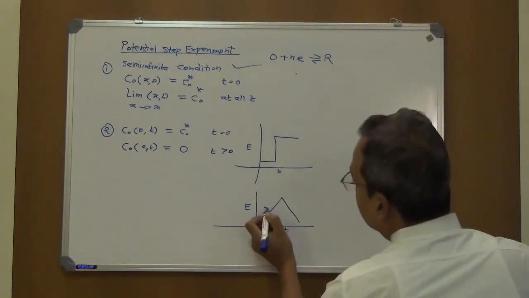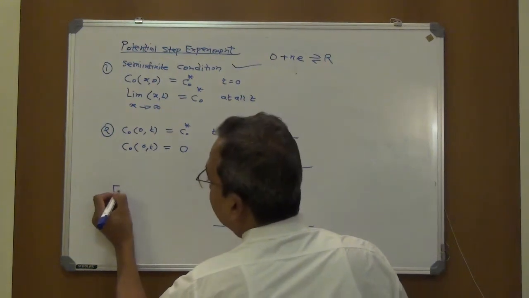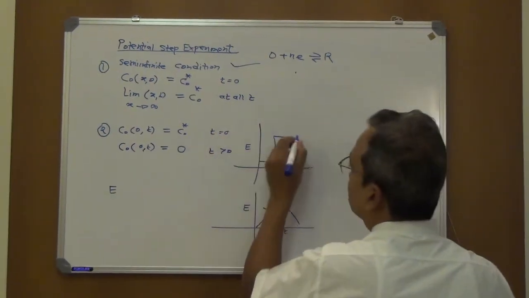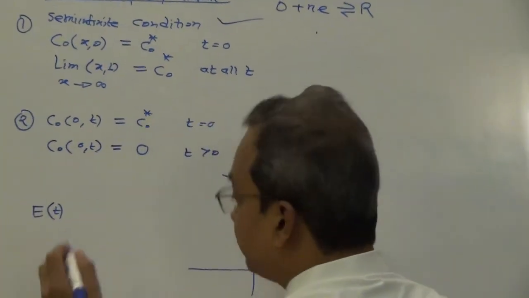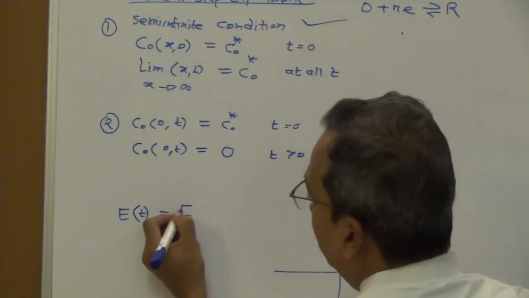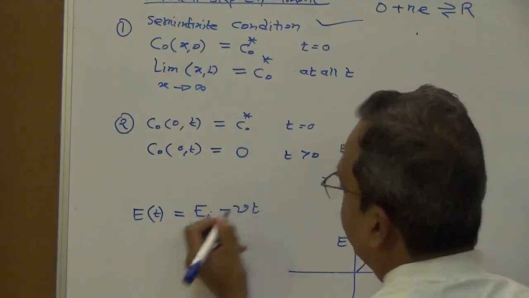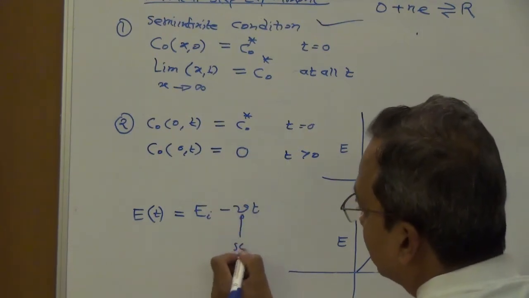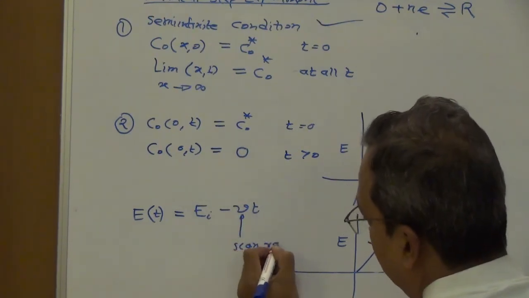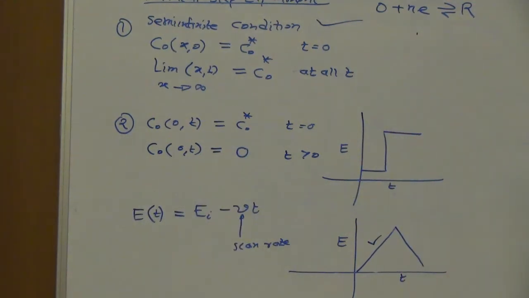So potential is now not fixed or a step; it is changing with time. This is the initial potential, and this is the change with time, where nu is called the scan rate. This is how the potential changes with time, represented by this triangular wave.